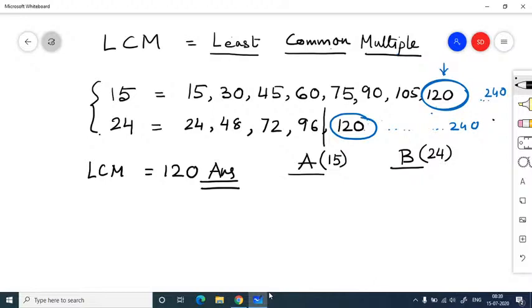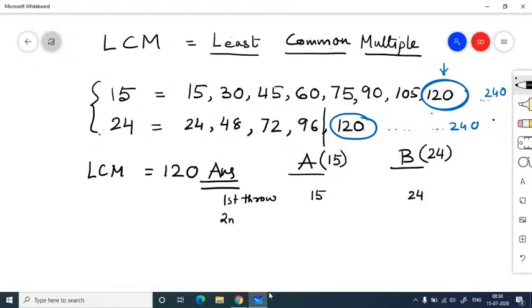Okay, 15 marbles at one time in one bucket, and B is throwing 24 at one time in a bucket. So each time they throw, first throw, A will throw 15, B will throw 24.